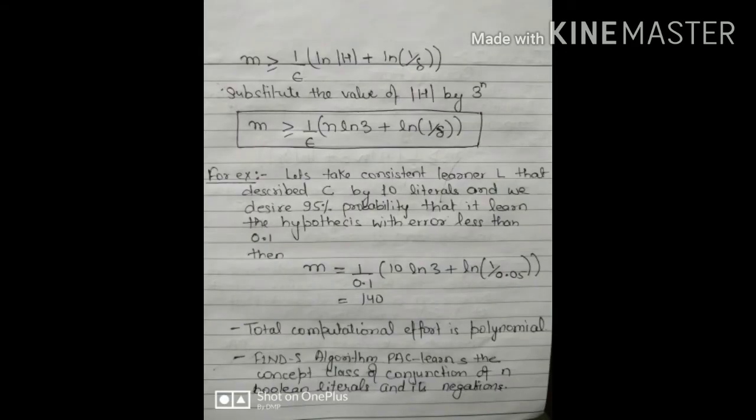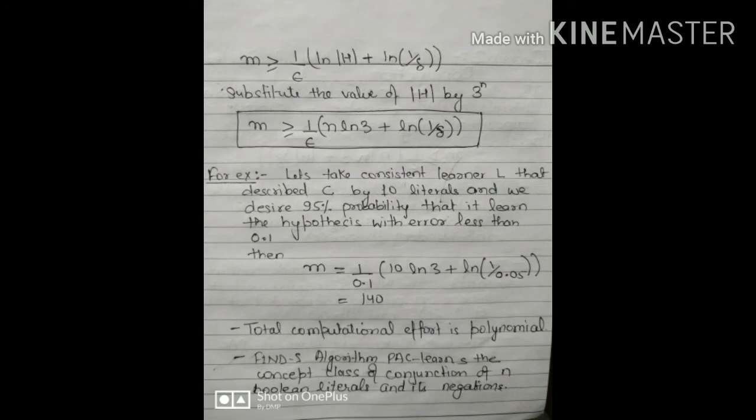We have already studied the equation, m is greater than or equal to 1 by epsilon times log of H plus log of 1 by delta. Here we substitute the value of H by 3 to the power n. So we get m is greater than or equal to 1 by epsilon times n log 3 plus log 1 by delta.